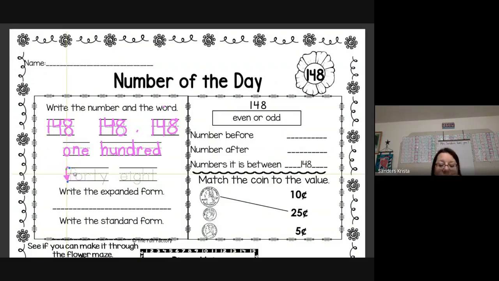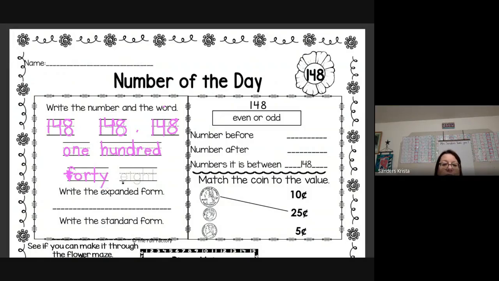Not nicely. F. O. R. Little line down, up, bump over. T. Big line down. Little line across. Y. Little line down. Up and down.